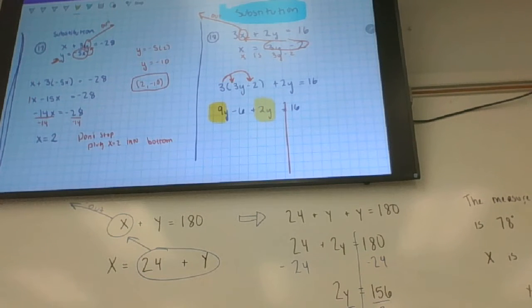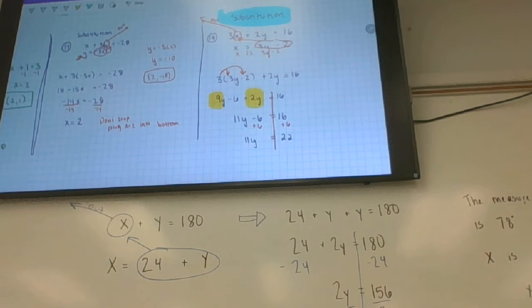I'd like to add the 9y and the 2y to make 11y. We got one answer. We got y is 2. Thumbs up if you got y is 2 on 18.